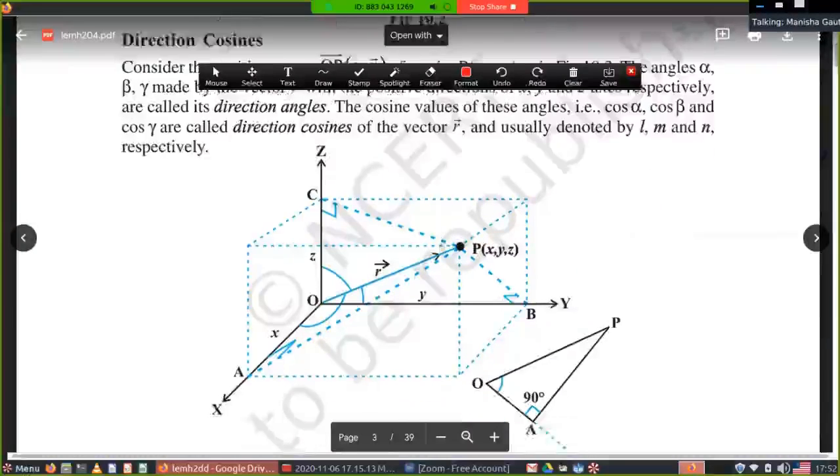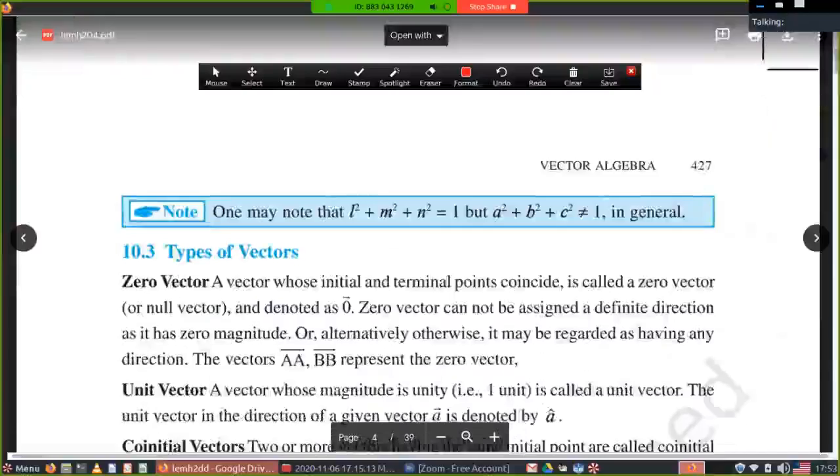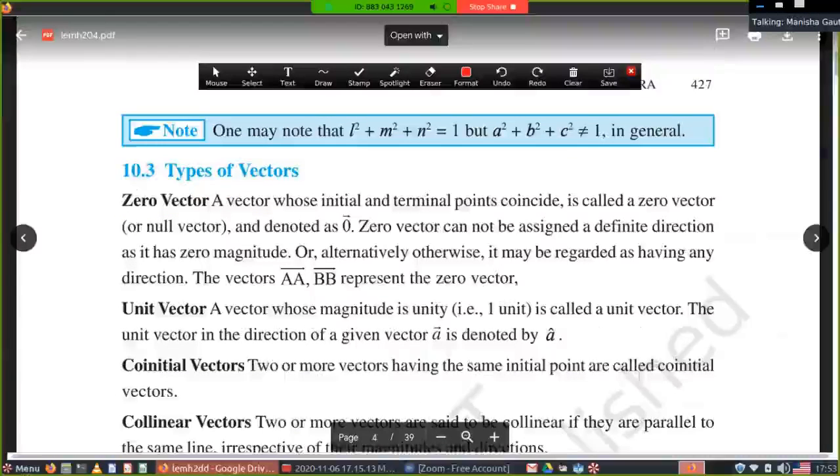Now further, what is a zero vector? A zero vector means a vector whose magnitude is zero. And what about the direction? Just read the statement: a vector whose initial and terminal points coincide is called a zero vector.